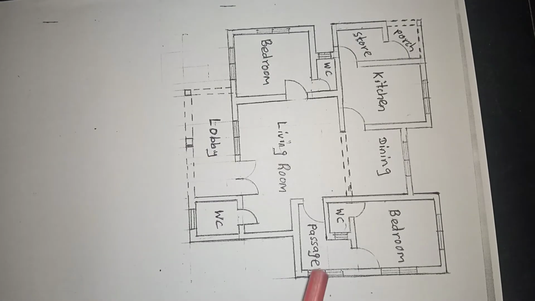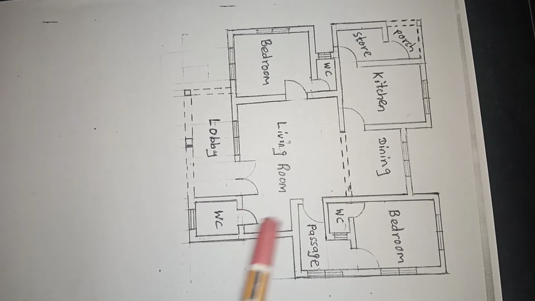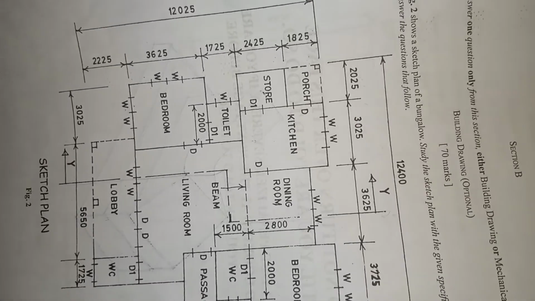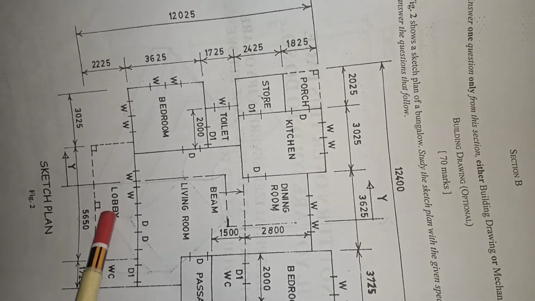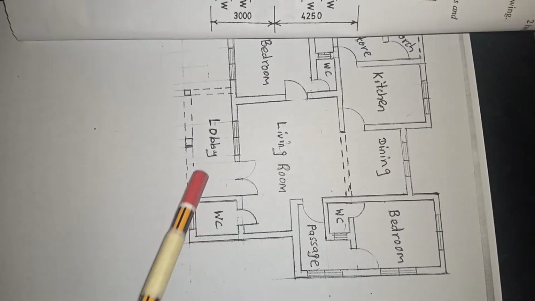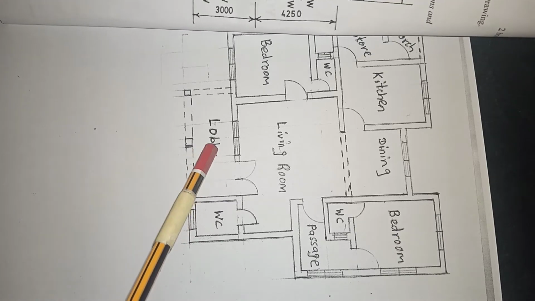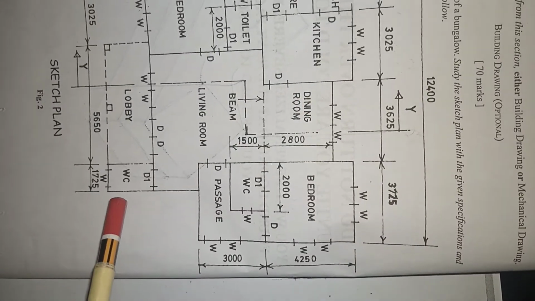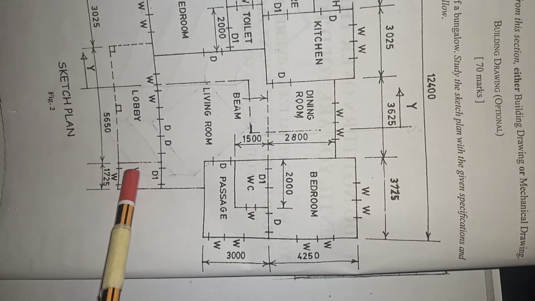Here we had drawn the plan, that is the floor plan. And on the floor plan, going from the sketch plan, we have the lobby. On the floor plan, this is the lobby drawn here. And around the lobby, we also have a WC.